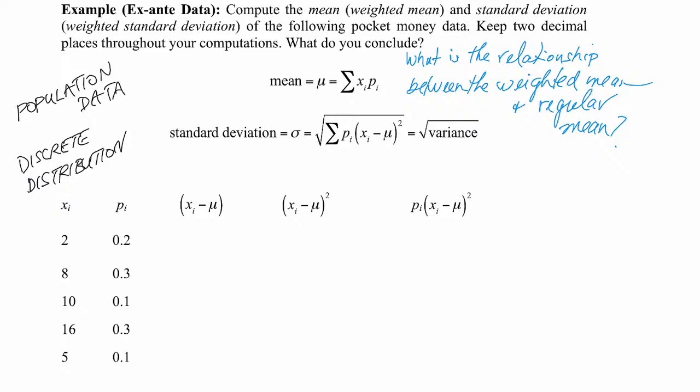This is best done in Excel. So maybe I'm going to cheat and go there, and then I'll put the results here. So 2, 8, 10, 16, 5.